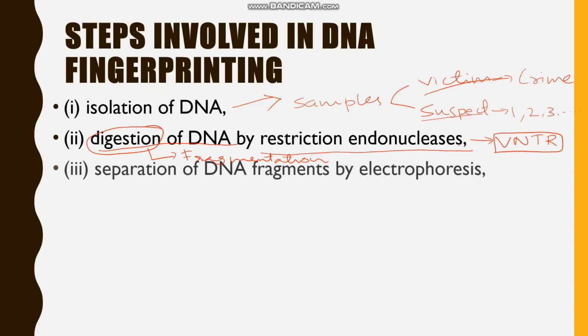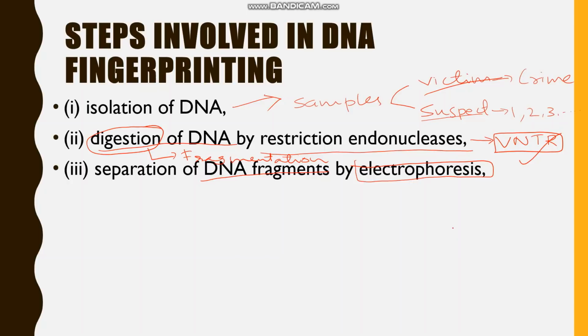So from that mixture of DNA fragments, we need to separate and isolate the VNTR sequences, and for that purpose we are using the technology called gel electrophoresis. So gel electrophoresis is used for the separation and isolation of VNTR sequences from the mixture of DNA fragments.